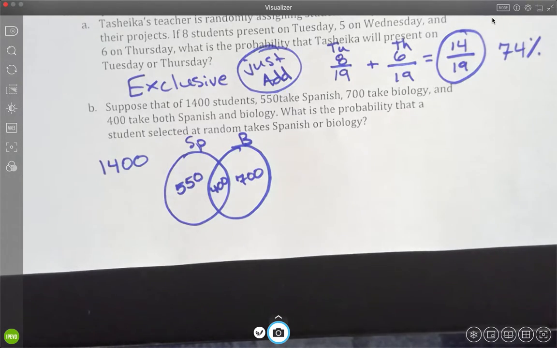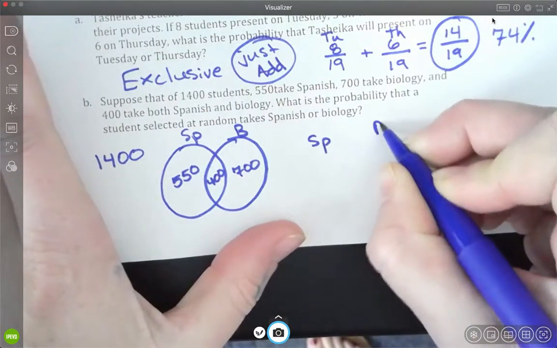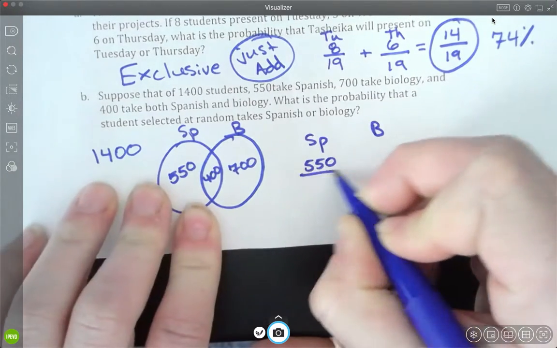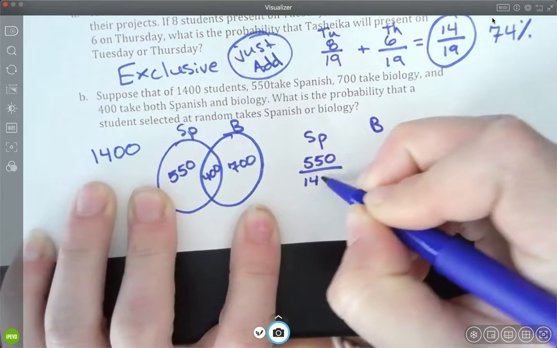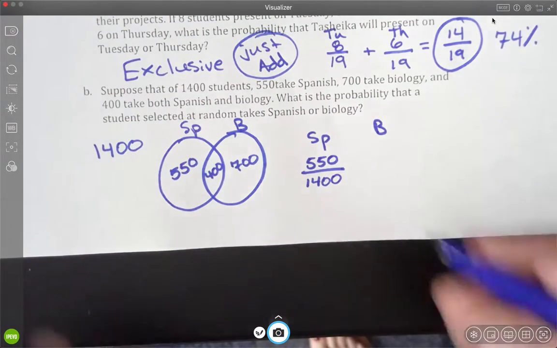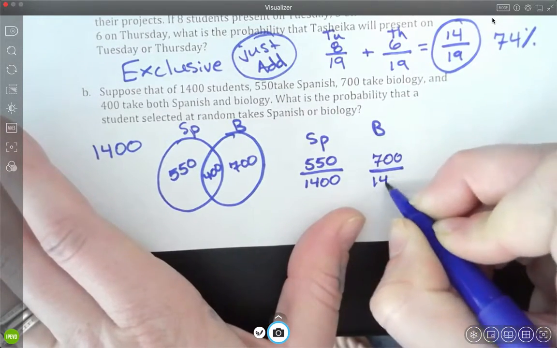So what we're going to do is, they're asking for the probability that a student selected at random takes Spanish or biology. So we're going to do Spanish, we're going to do biology. The chances of them taking Spanish are 550 out of a total of 1,400. Biology is 700 over 1,400, okay?